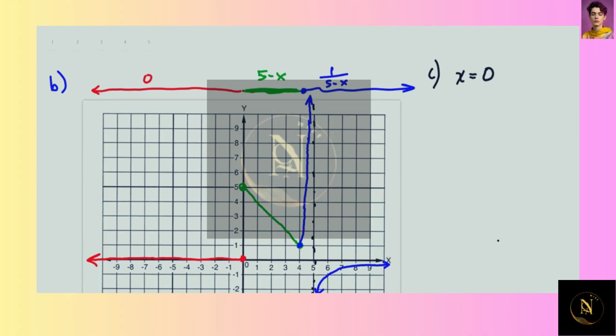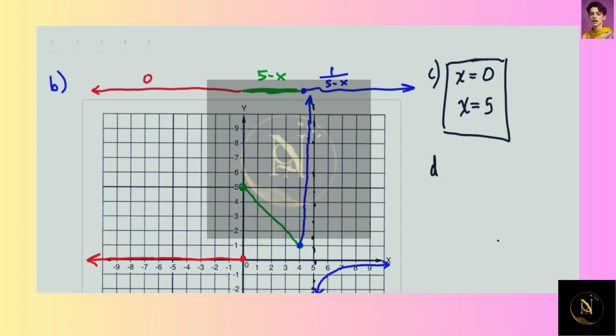You can see right here from the left, we're going toward a height of 0, and from the right toward a height of 5, so x equals 0. 4 is okay. f is continuous at x equals 4 from the left and from the right. We're approaching the same height, which is also f of 4. And the vertical asymptote then is the only other discontinuity, so x equals 5. And those are the two x values at which our function is discontinuous. Those are the only ones.